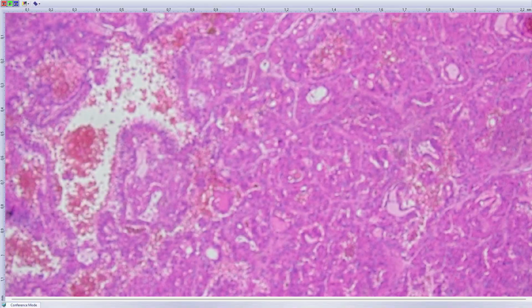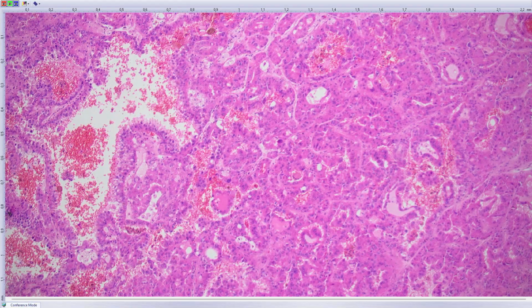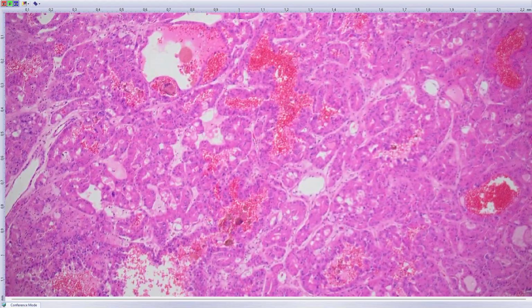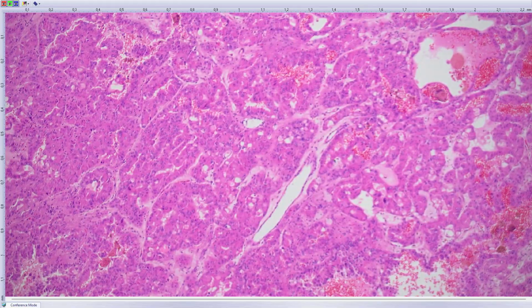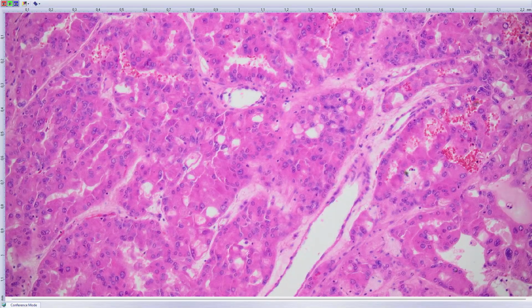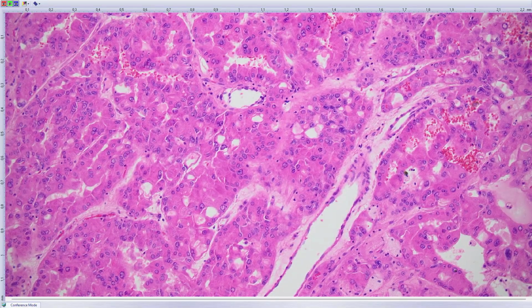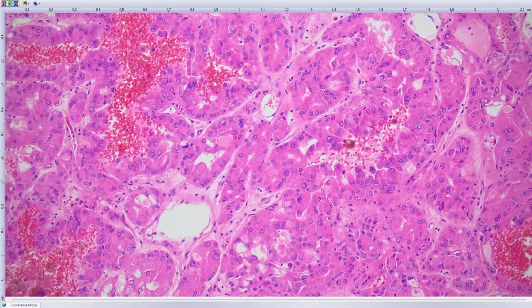If you go closer, you will see that the tumor has tubulopapillary arrangement, sometimes a pseudo-solid look. You can see that the tumor is composed of cells with eosinophilic, finely granular cytoplasm. Nuclei are irregular. You can see prominent nucleoli.